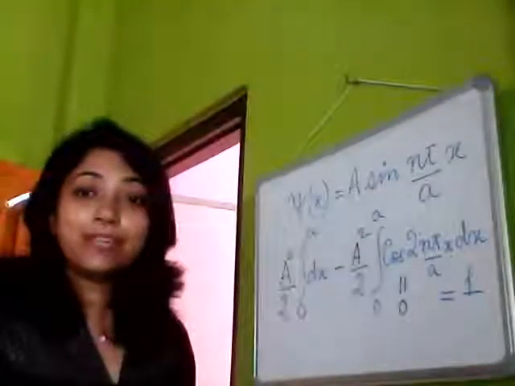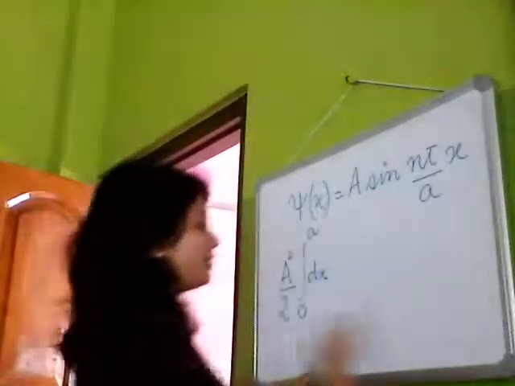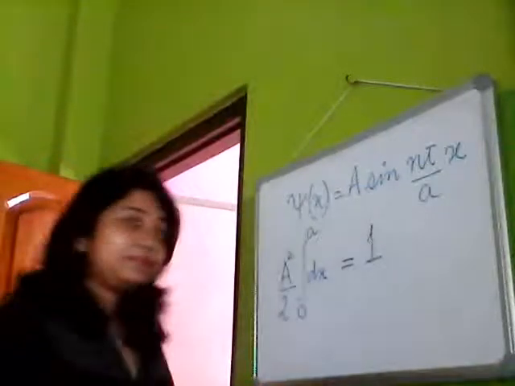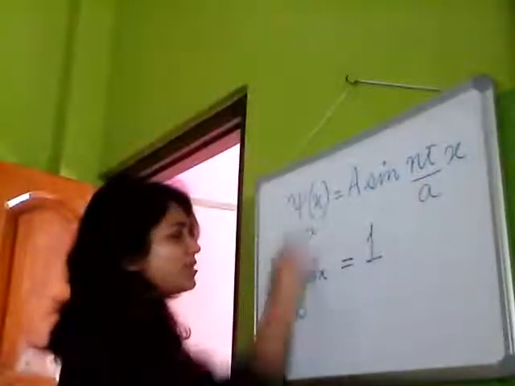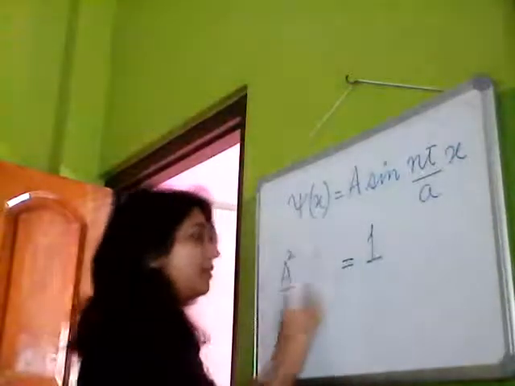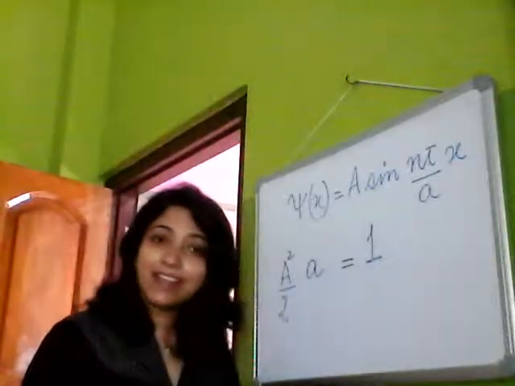So thankfully, what are we left with? We are left with only this integration being equated to 1. And when I integrate dx over 0 to a, what am I going to get? I will be getting only a. I am doing it correctly, I hope.